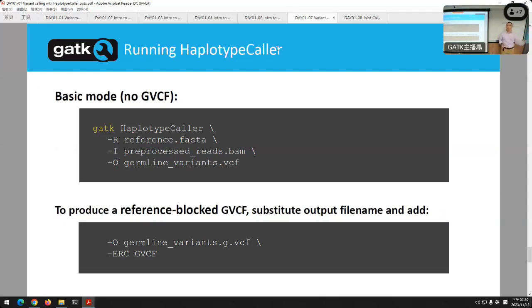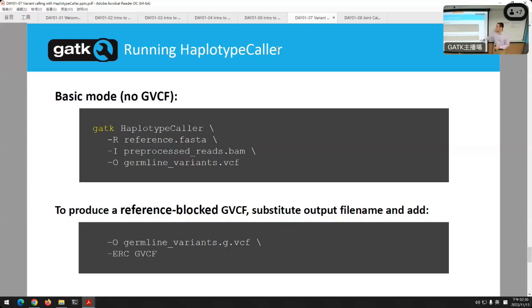Mostly with the GATK, you'll want to provide a reference because all the reads are aligned relative to the reference, so we need to actually use it in all of our analyses. -I is the input BAM, and -O is the output VCF. Pretty simple: reference, input BAM, output VCF.